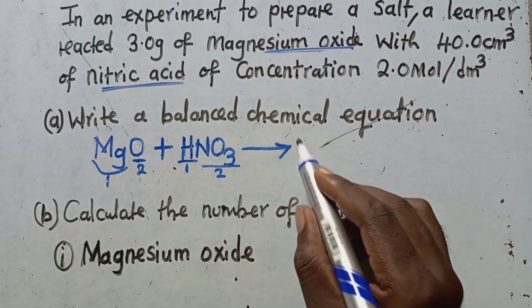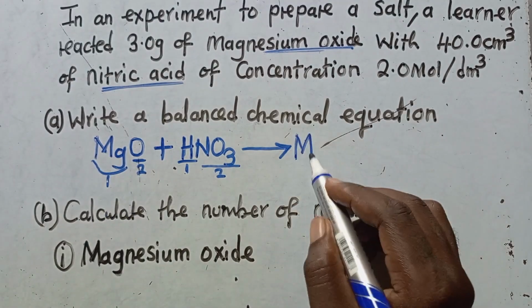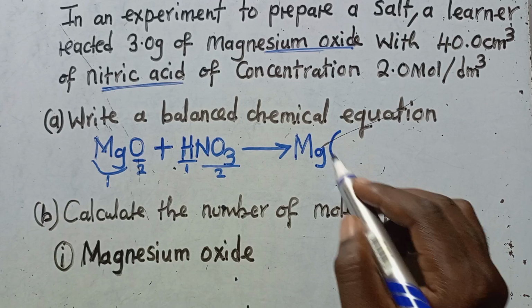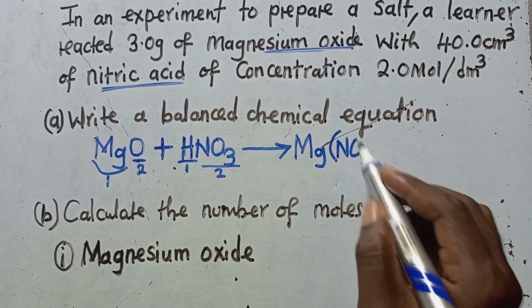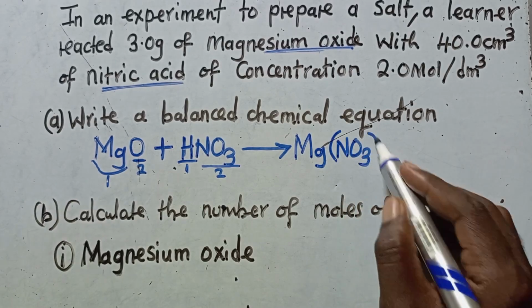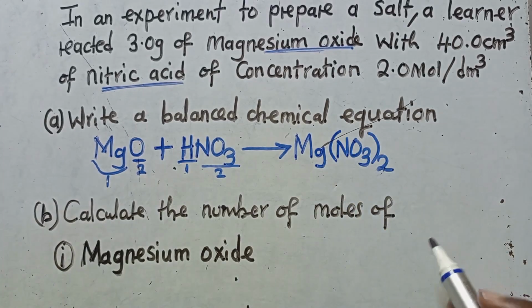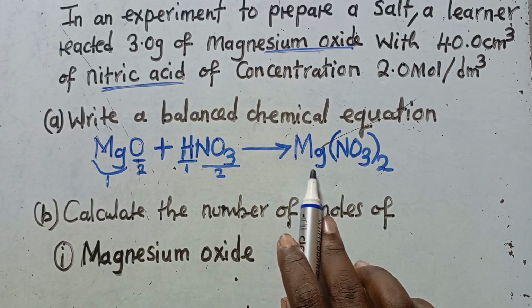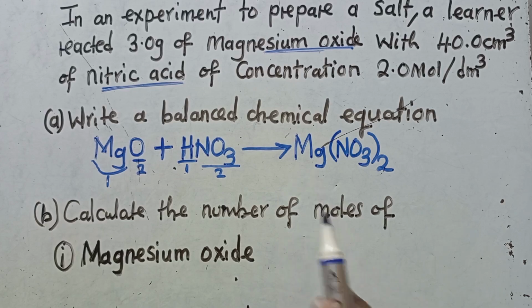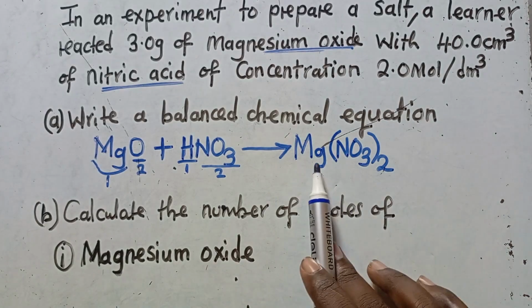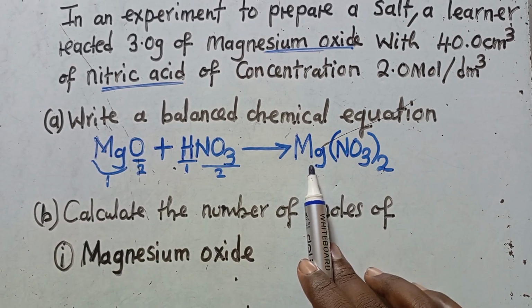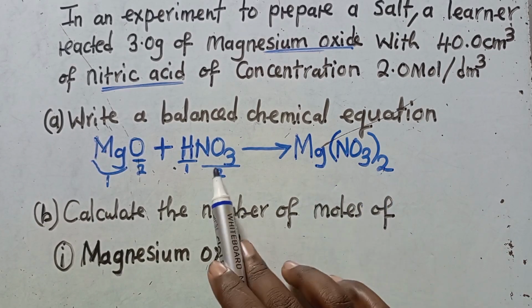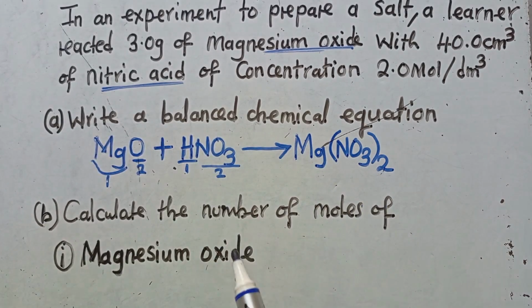So together we shall call it magnesium nitrate, like this is how we are going to call it, magnesium nitrate. And a 2 there. This 2 is coming from magnesium, because we understand that magnesium is in group 2, so it has got a valence of 2. But a nitrate, it is a radical, it has got a valence of 1.